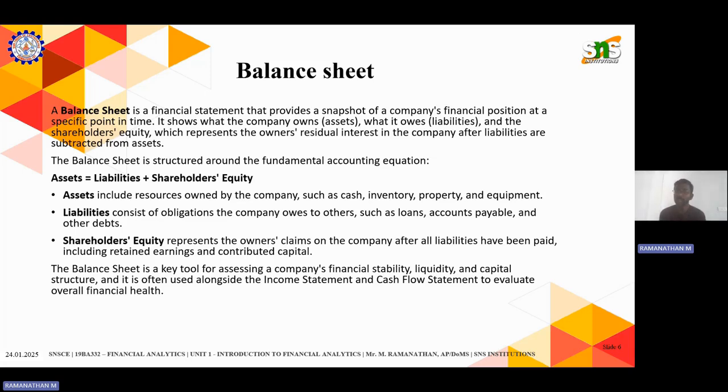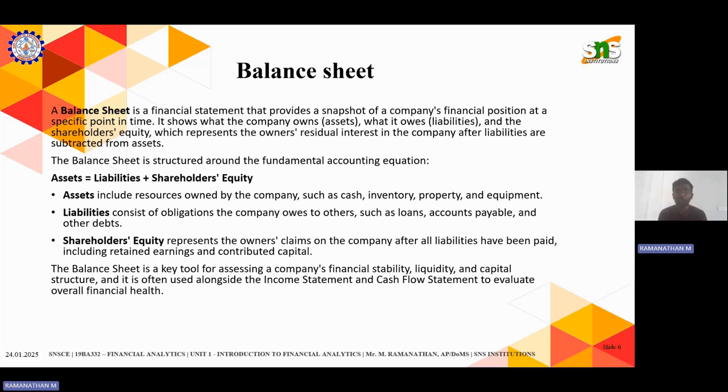Once they start performing and get profit, they settle and repay the loan amount, as well as pay interest and other things, and they keep growing and reach an important position in the market. So a company's financial position can be analyzed with the help of the balance sheet, which lets us identify the company's financial position at this specific point of time.